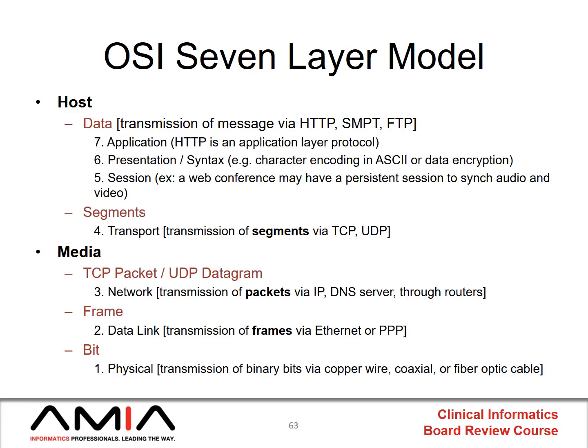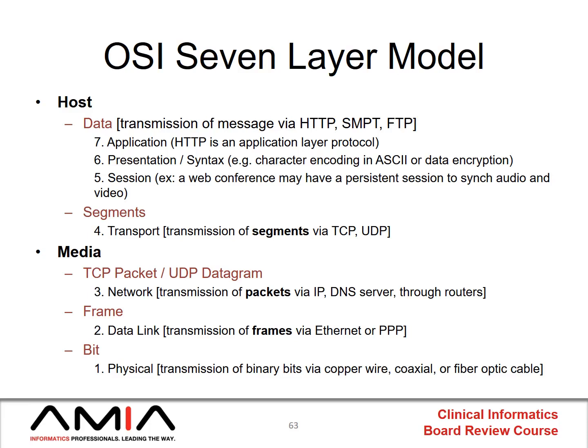Then there's a presentation layer or syntax layer, which is where I'm encoding the characters in a specific format. For example, ASCII resides at this level. Or maybe this is where I do the data encryption. There's a session layer where I'm establishing a time period for which a certain set of transactions are valid, or I'm authenticating that someone is allowed to perform a transaction.